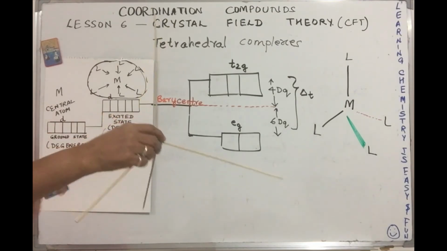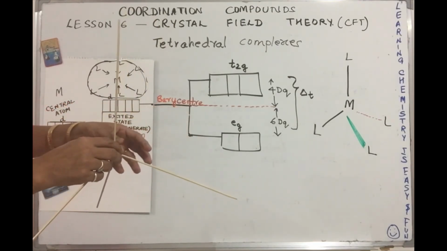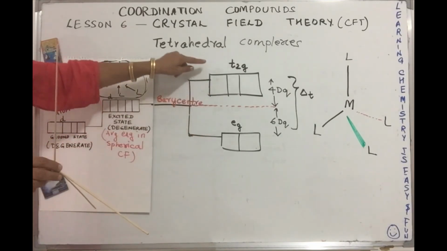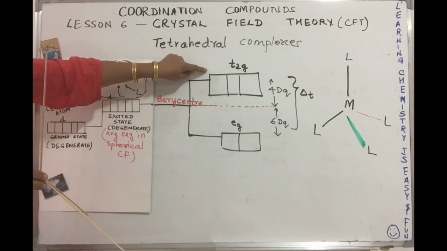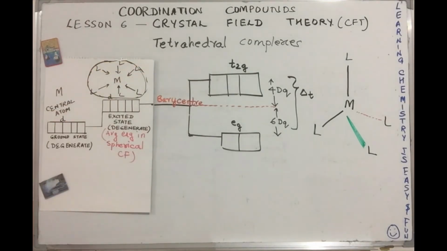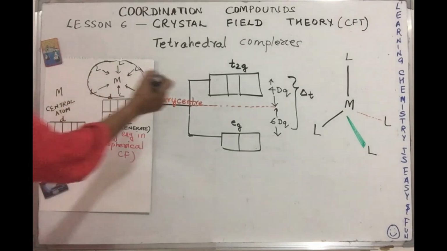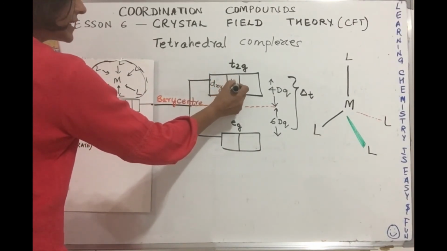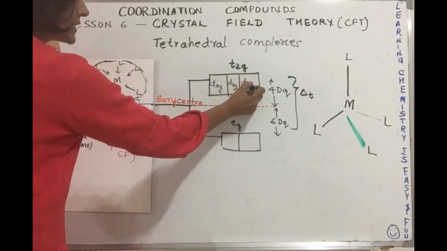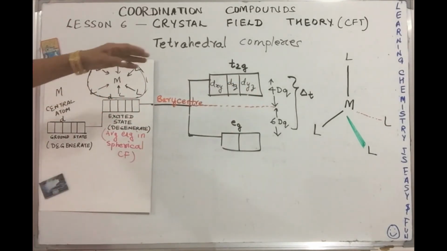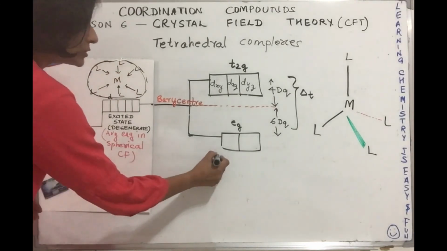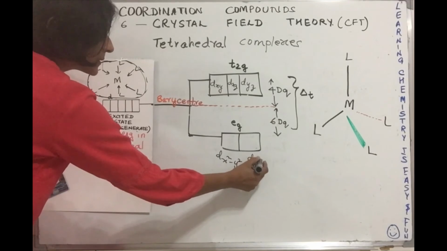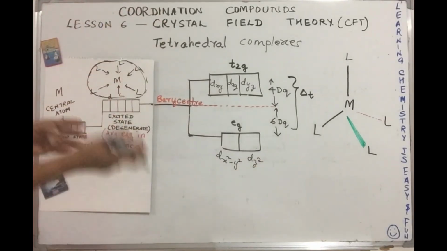Now, because the ligands are approaching in between the axes, it is the energy of the dxy, dyz and the dxz orbitals which gets raised. dxy, dxz and dyz. And those of the dx square minus y square and dz square get lowered, right?